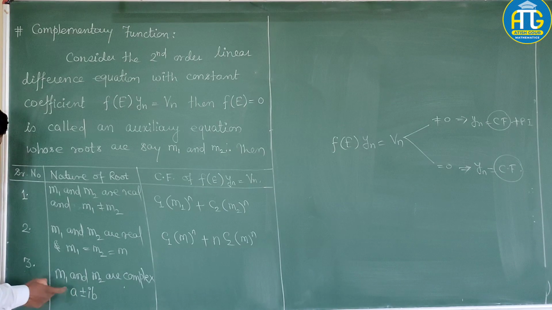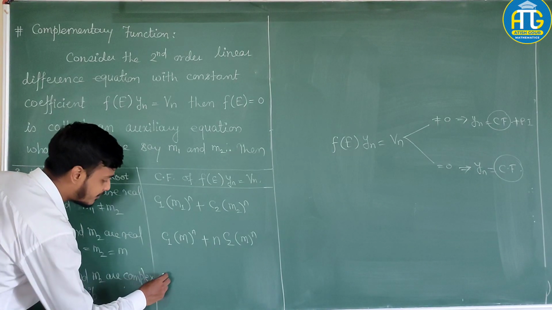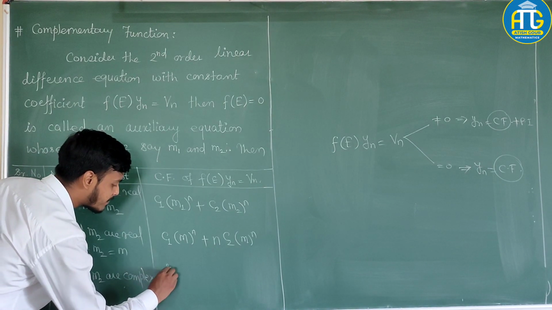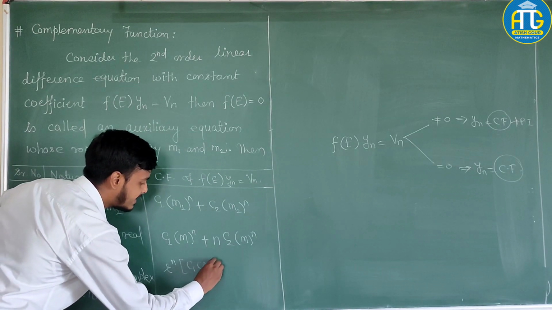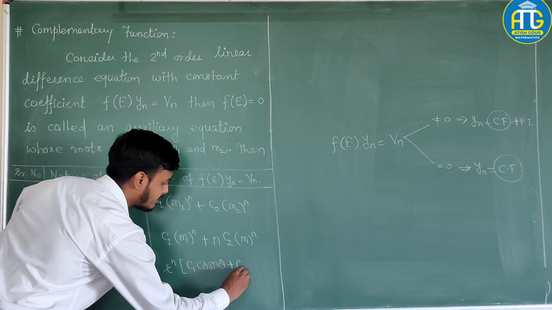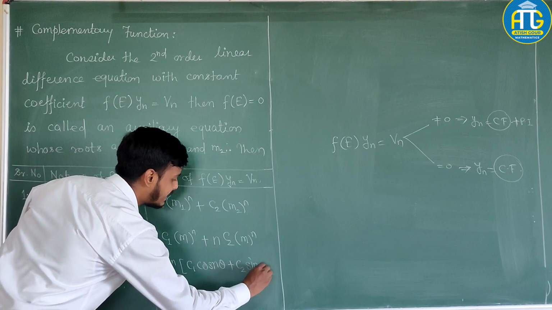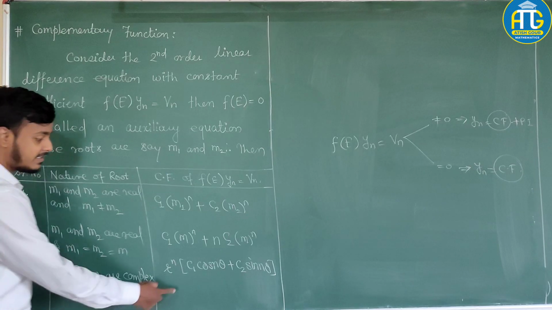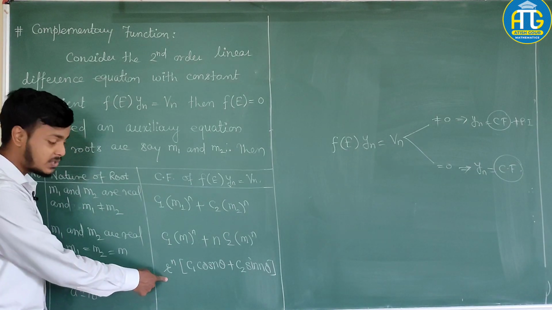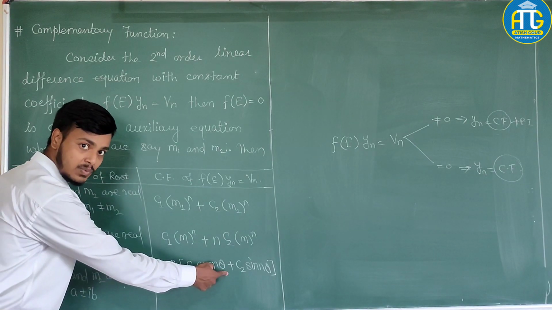For complex roots, you have complementary function as r to the power n times c1 cos n theta plus c2 sin n theta. And in the case of complex roots, you have to find out r and theta as well.